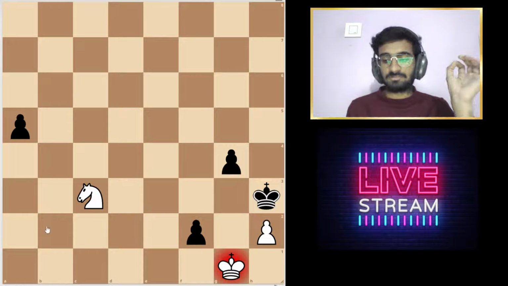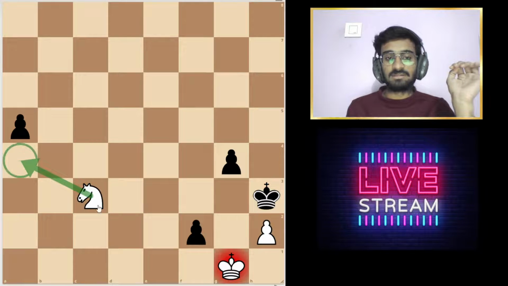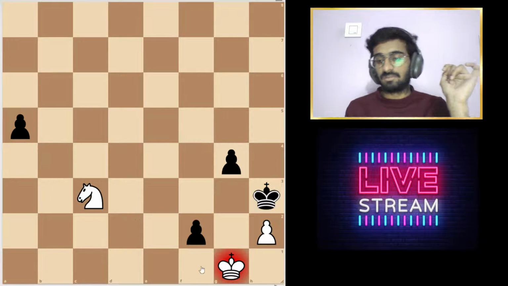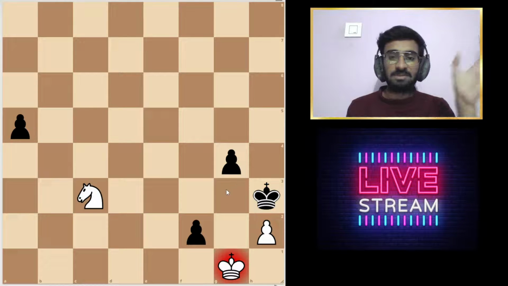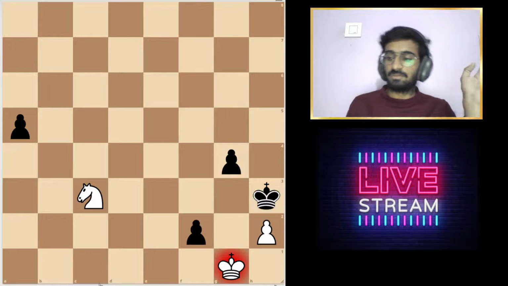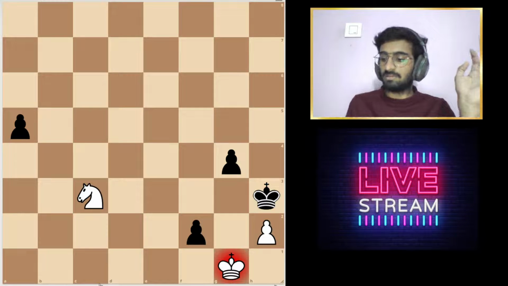The knight is currently eyeing here. Now you have to think of everything in this puzzle. It's white to move and draw. One move will draw, and one move is losing. Let's see if someone can find it.